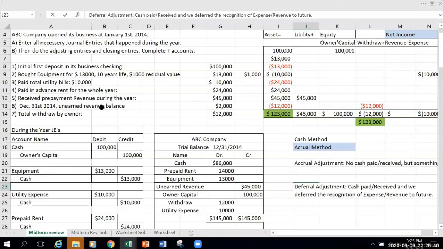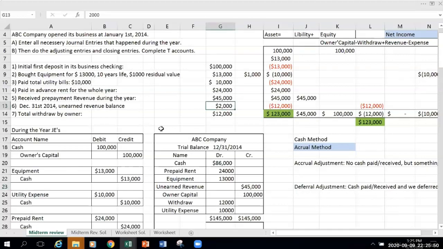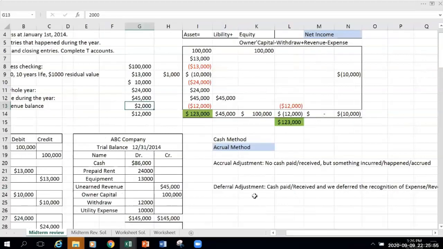How much of that $45,000 is not earned yet, or is still a liability? And management says $2,000 is still a liability. Then you say, okay, perfect, thank you. So I need to do this deferral adjustment. Cash received, we deferred the recognition of revenue to the future, and now it's time to recognize that revenue.